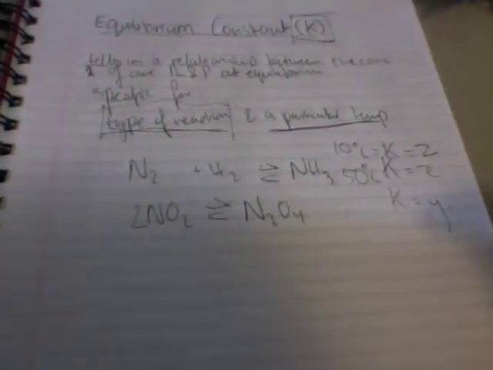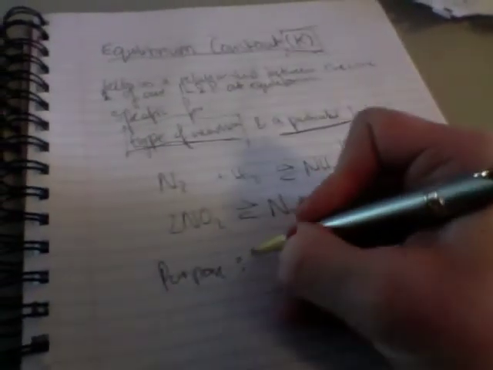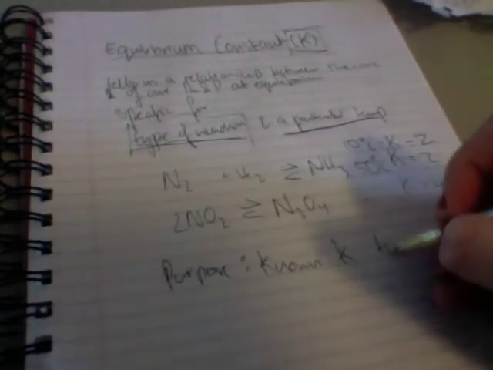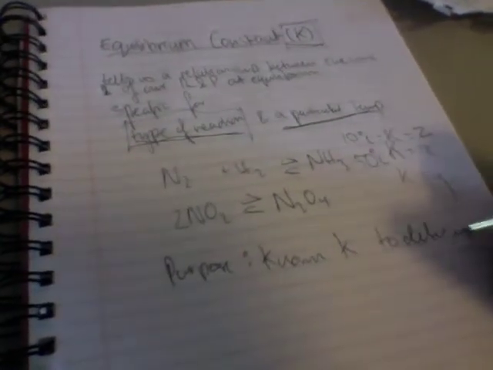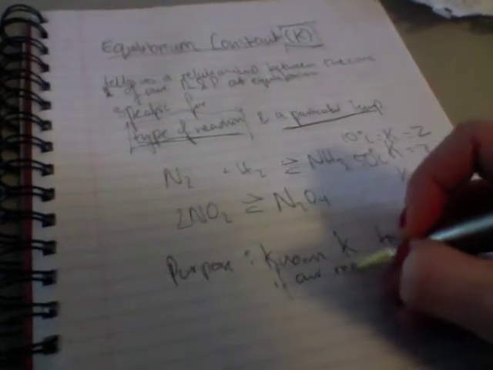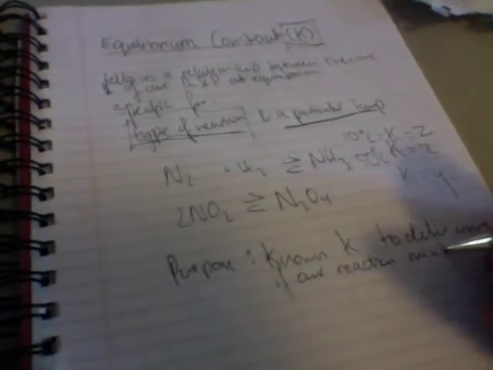Okay, so the purpose of K. K has a number of purposes. We can use a known K to determine if our reaction mixture is at equilibrium.